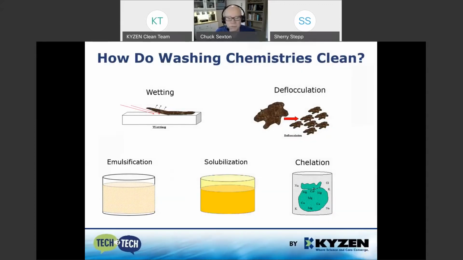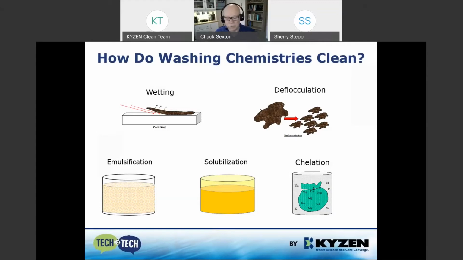This slide shows the 5 cleaning mechanisms, and we add different chemical components to accomplish these different mechanisms. The first is wetting, where we're lowering the surface tension of an aqueous cleaning stage so that the fluid can penetrate in between the soil particle or droplet and the part itself.